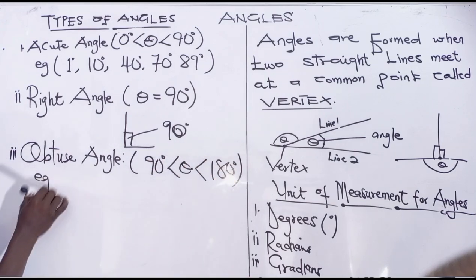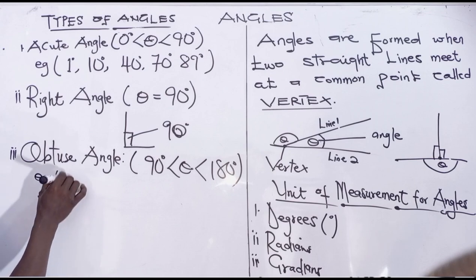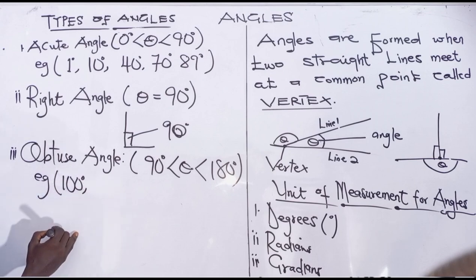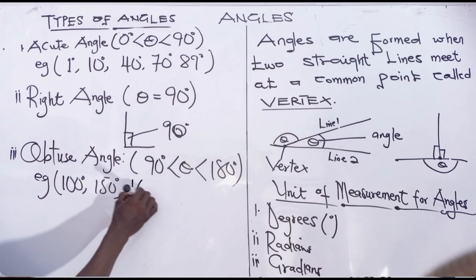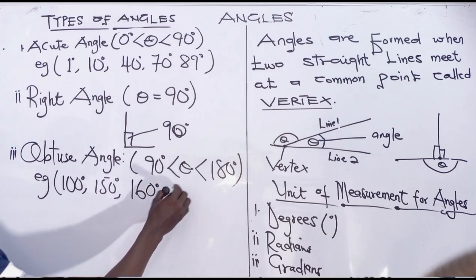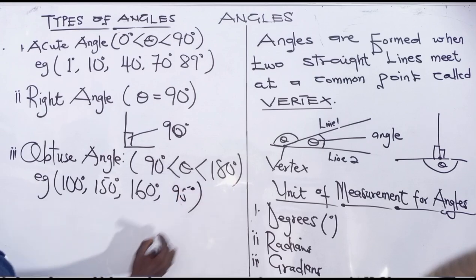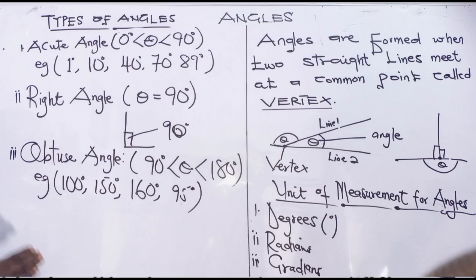Examples of obtuse angles: we can talk of a 100 degrees angle, a 150 degrees angle, 160 degrees, 95 degrees, and so on. These and many more are examples of obtuse angles. It lies between 90 and 180 degrees.